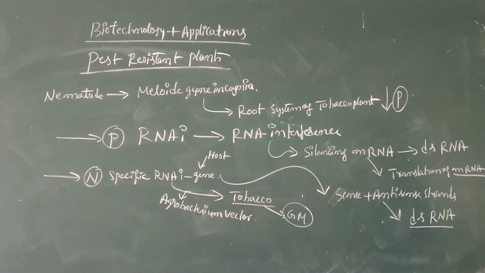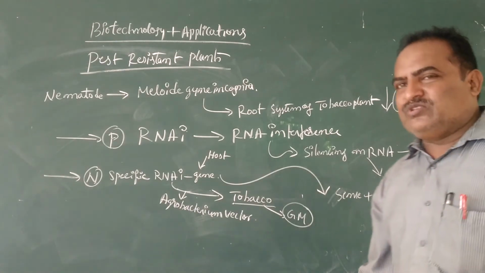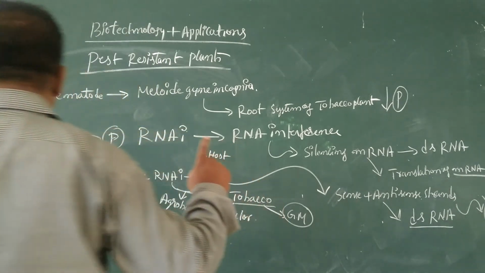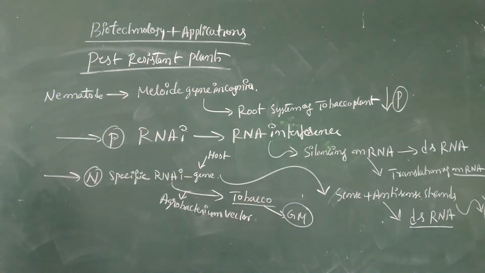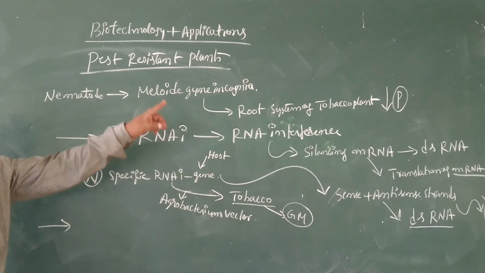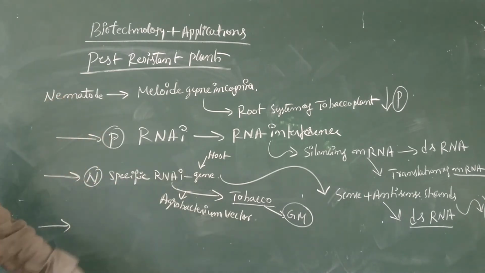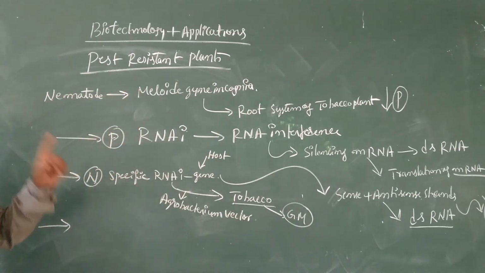When the double-stranded RNA is formed, ultimately the translation process stops in the cells. So the RNAi silences the mRNA of the nematode. Hence, the nematode Meloidogyne incognita will not survive in a tobacco plant.